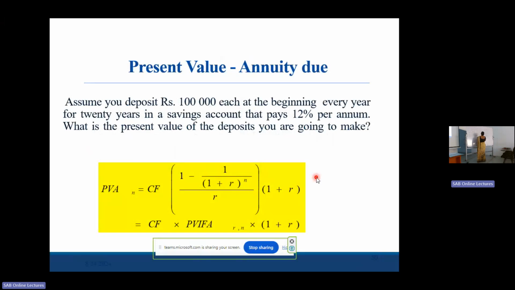Here 826. So likewise you will get the values.